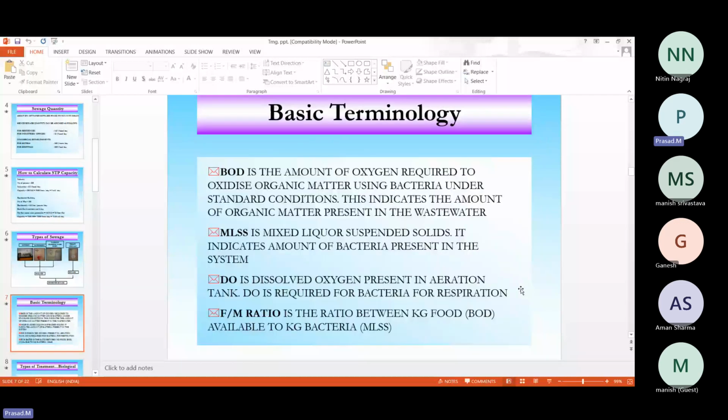So in wastewater, these are the 5 to 6 parameters by using which we are monitoring the performance of STP. One is BOD, COD, TSS, pH, oil and grease. Now TKN, total Kjeldahl nitrogen, is also there. This is also one parameter people are testing now, but this varies from place to place.